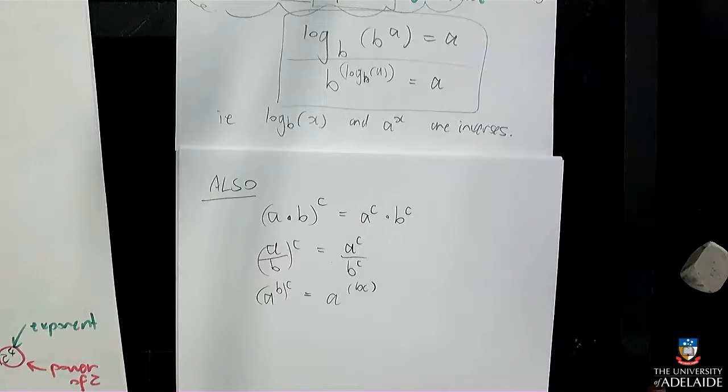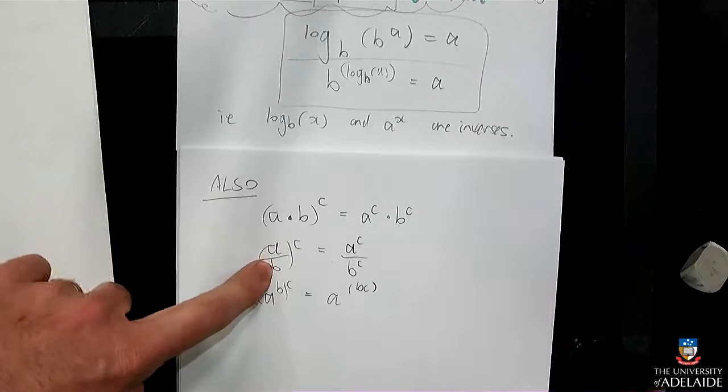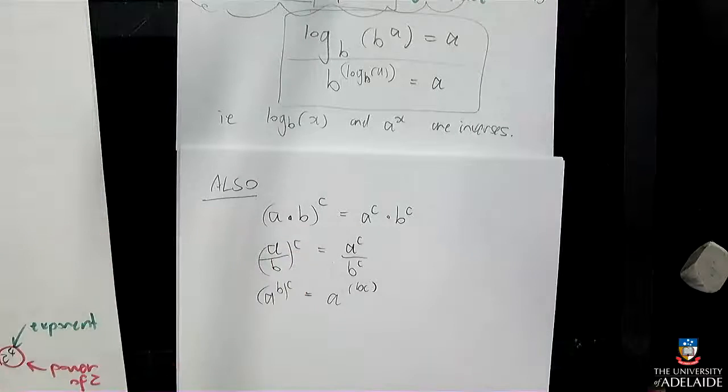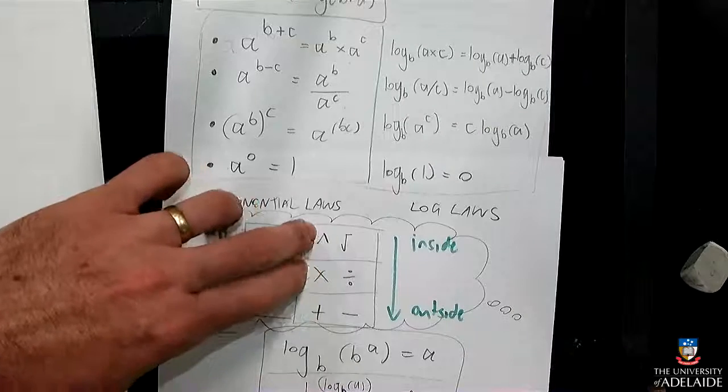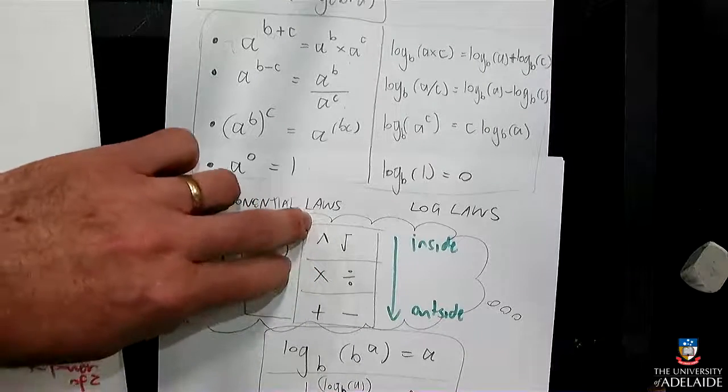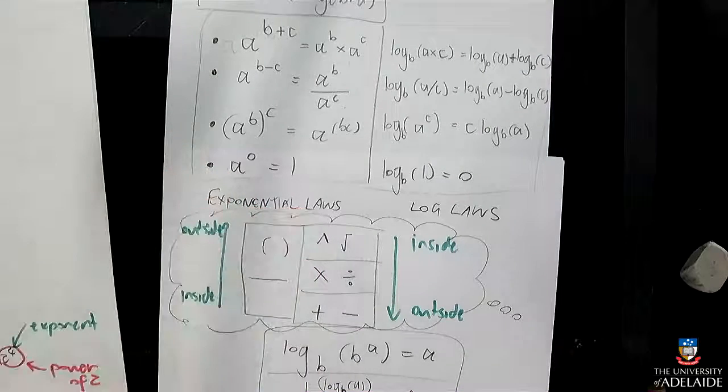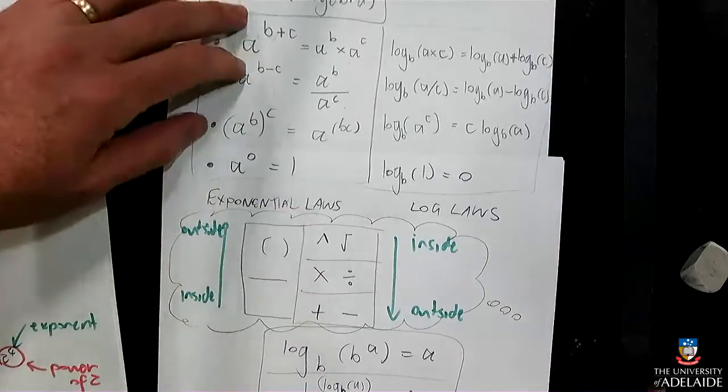Okay, so if you have an operation inside a power like this, in the base of the power, then the power can come along if these are multiplication and division. So powers only interact with times and divide when it's inside the base. When it's inside the exponent, then it only interacts with plus and times.